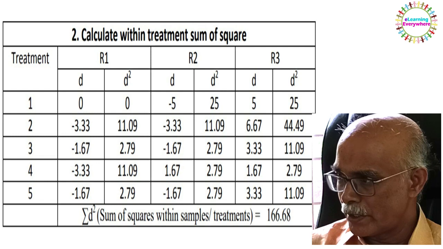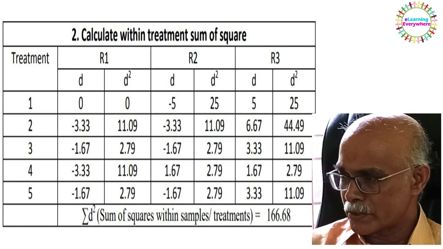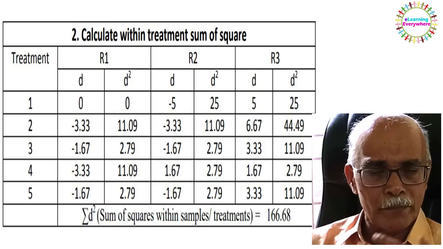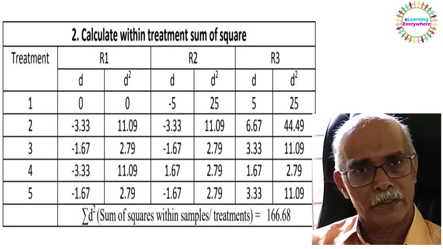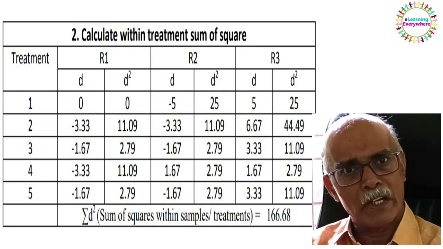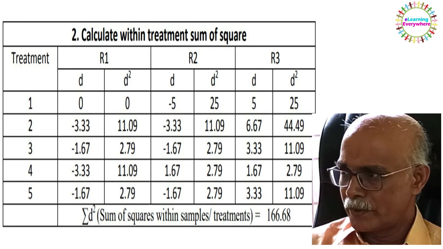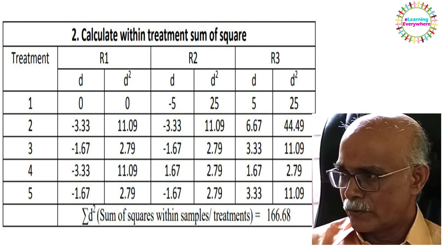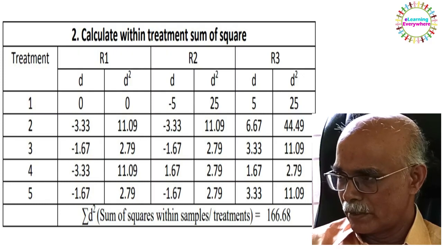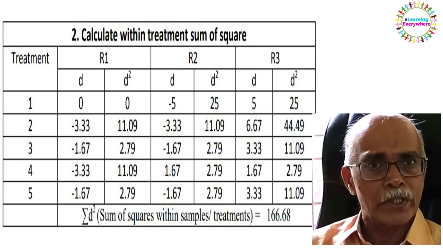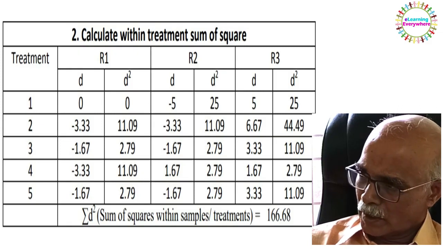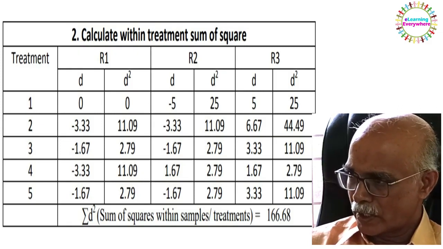The value of the corresponding replication minus the mean value of the treatment will be giving you the D here, and so you are calculating the D in the case of R1, R2 and R3 in the case of T1, T2, T3, T4 and T5, and then you are finding out the square, you are calculating D square.